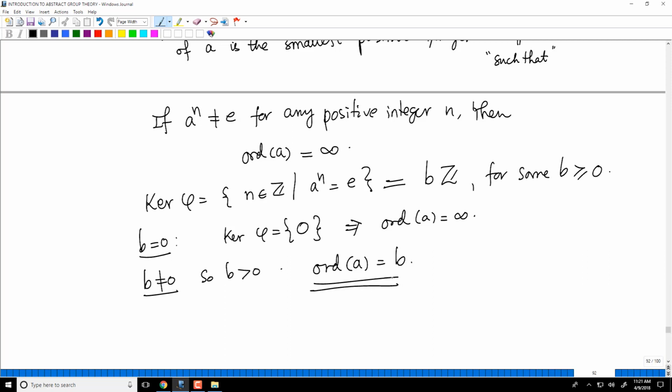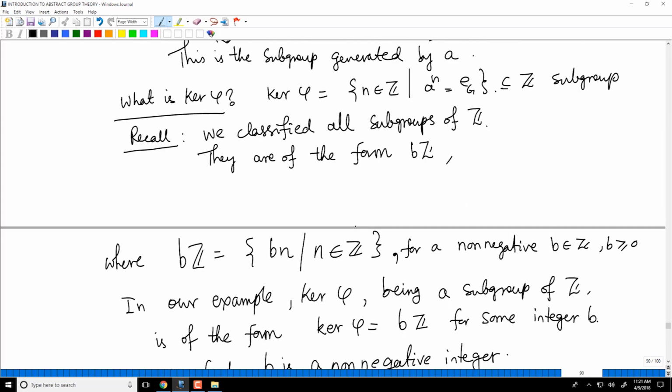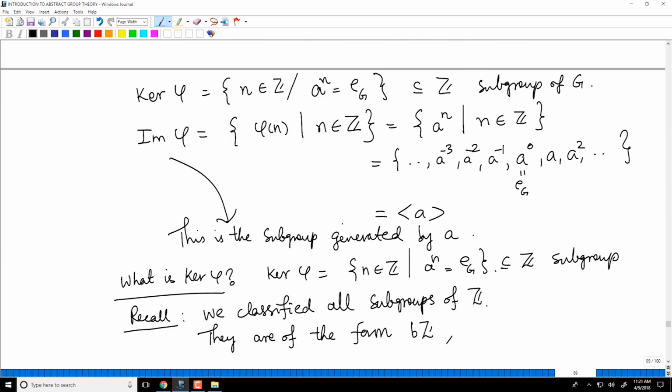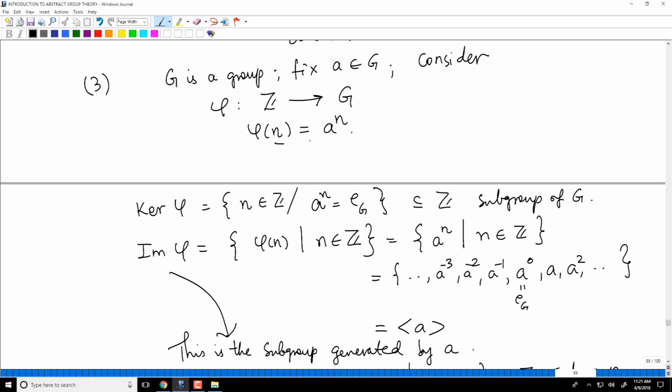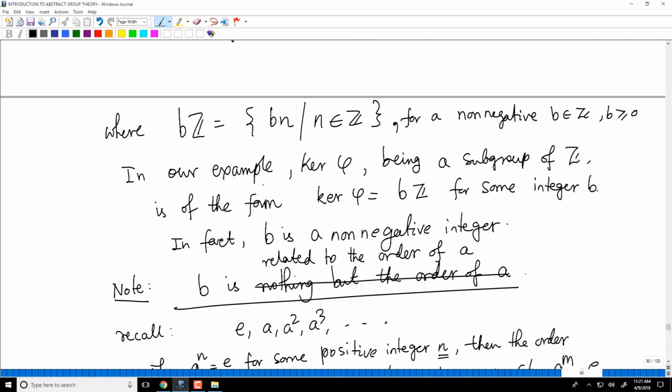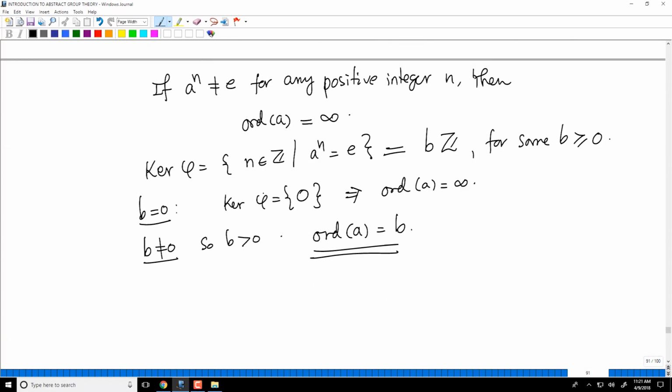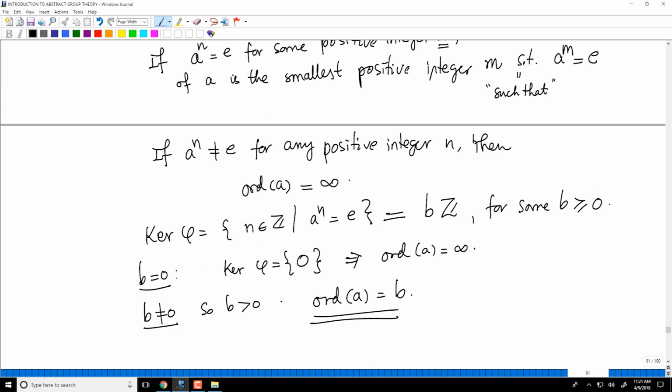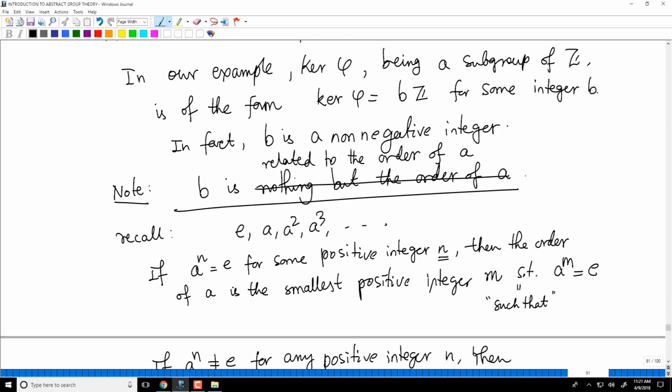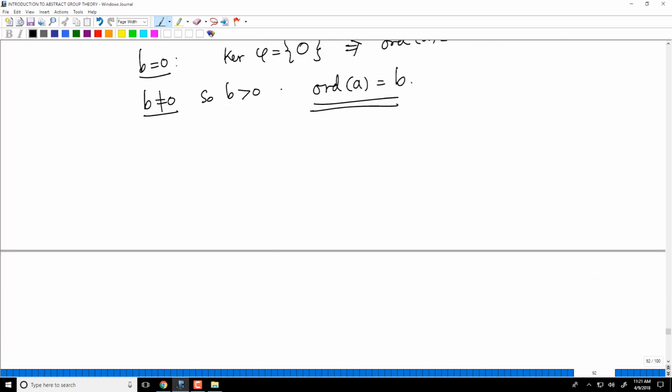So if the kernel of this map is 0, then the order of A is infinity, and if the kernel of this map is non-zero, then the order is equal to the generator of the group. So b is related to the order of A.